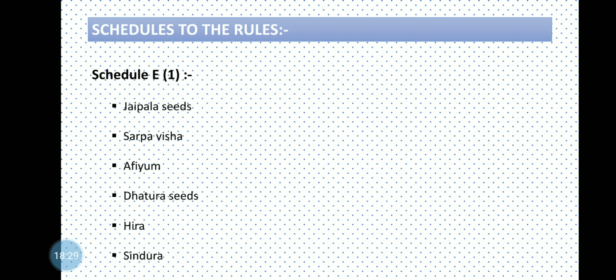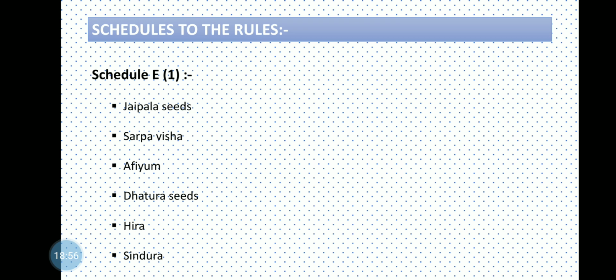Schedule E1. Previously I talked about your Schedule E. Now here I have given you Schedule E1. Schedule E1 gives you the list of poisonous substances which are specified in the Ayurvedic, Siddha and Unani systems of medicine.